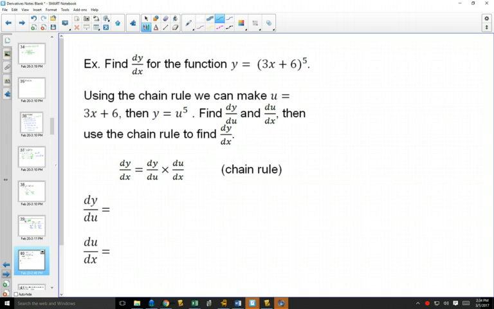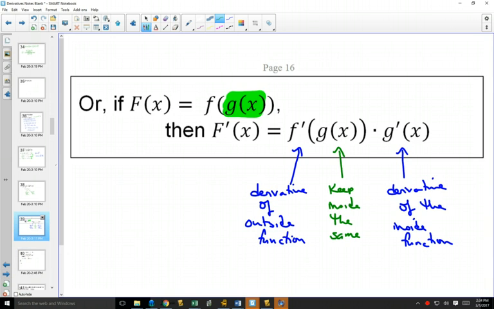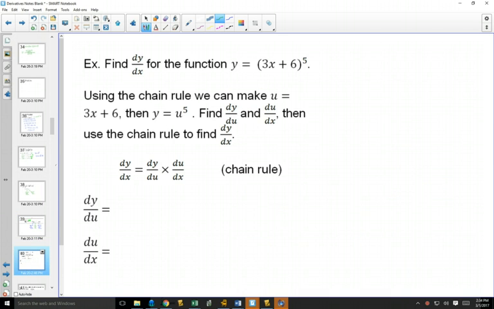But for right now, you're going to find that just this concept that we're going to have, where we do derivative of the outside, keep the inside the same, multiply by the derivative of the inside, is going to be easy enough for us to do. But as far as notation goes, what this is saying is you look at this and you say, what's my inside function?